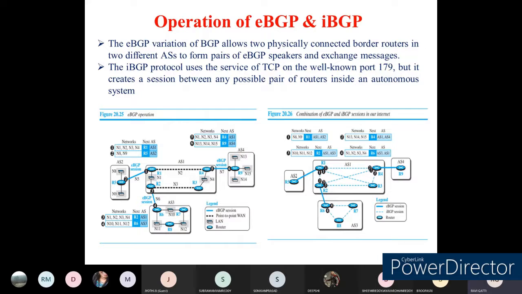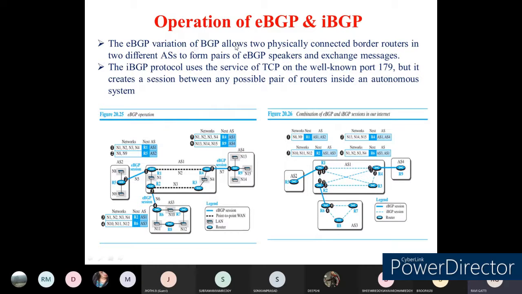In the external BGP mechanism, each border router will be connected to an external entity. So you can see here router 5 and router 1 in autonomous system 1 communicate with one another.